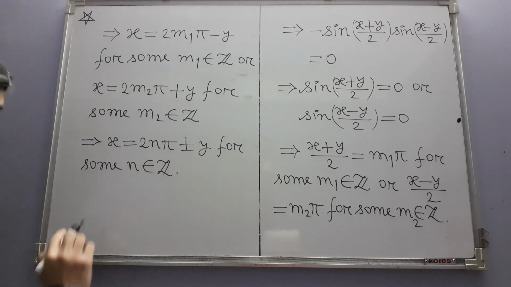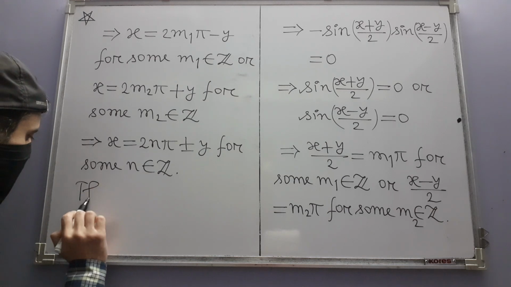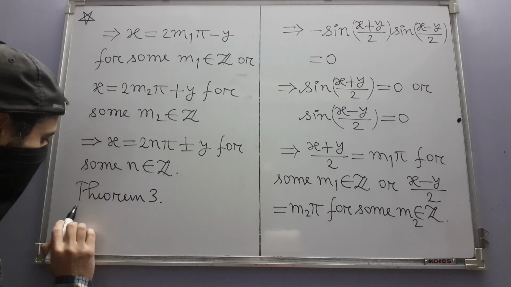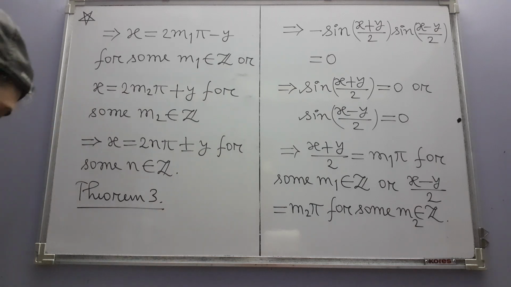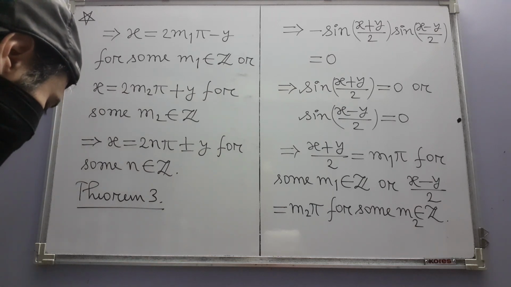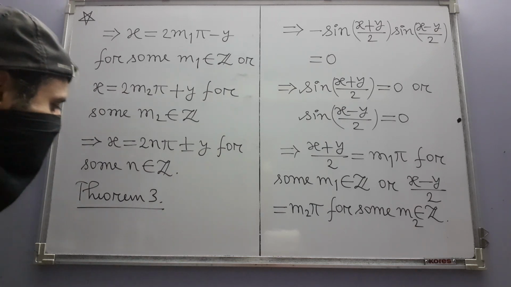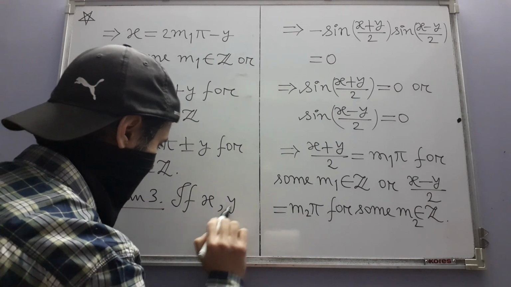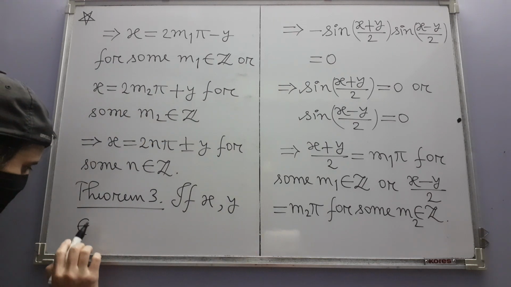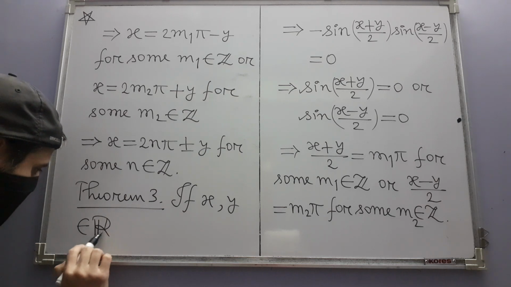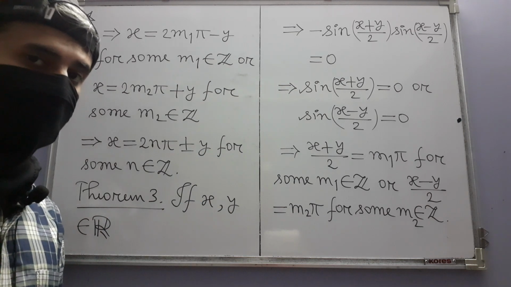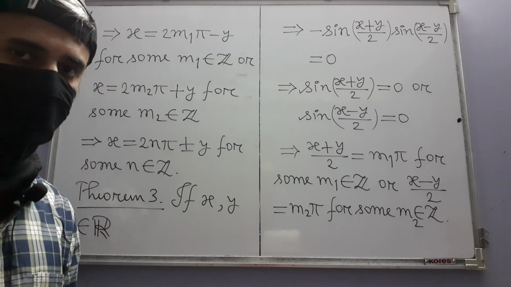There is another theorem which will tell us something similar about the tangent function, and that of course is this: if x and y are real numbers but none of them is an integer multiple of pi divided by 2.